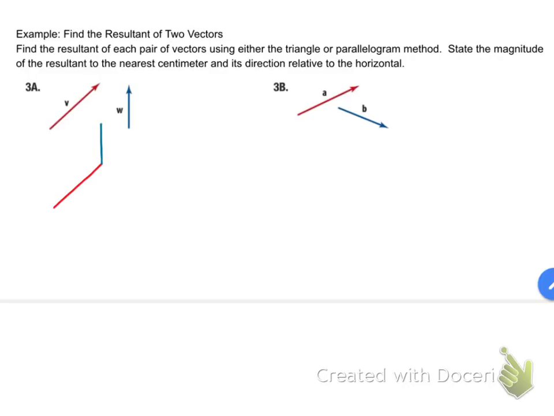Notice that these should have right lines, because those are the tips. When I want to add V plus W, I should be able to start here and go straight across to the tip of the blue. I'll make it green because you're using green in the book.